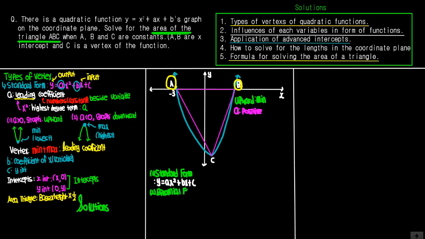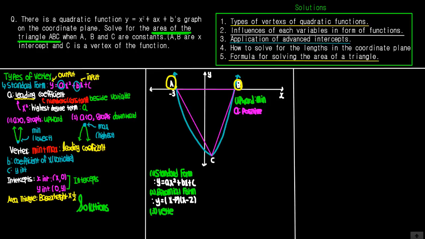The binomial form is y, as an output, is equal to x minus p times x minus z. And we know that p and z can be either positive or negative values. Before the last one, let's think about what the binomial form is optimized for. It is optimized for solving x-intercepts.